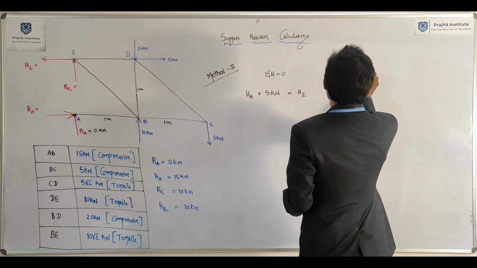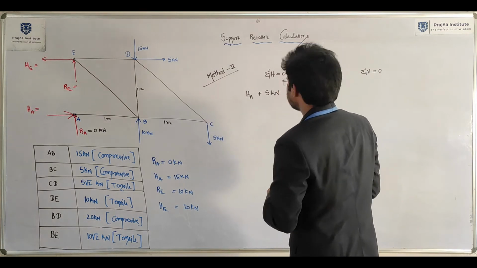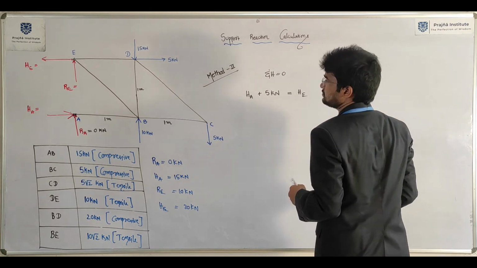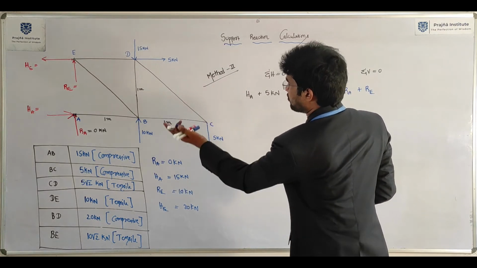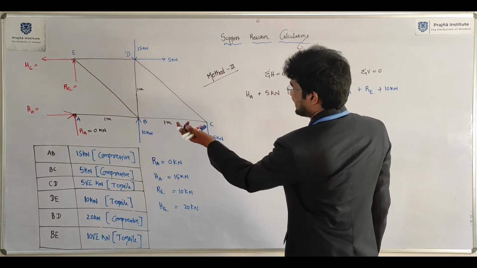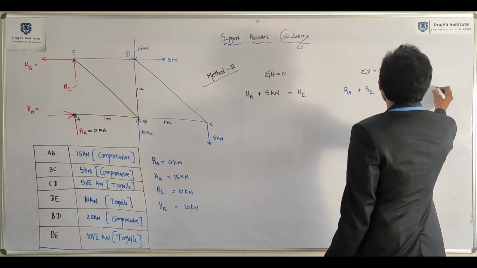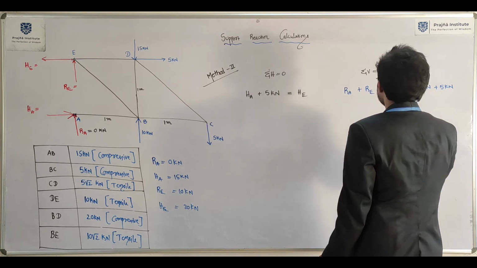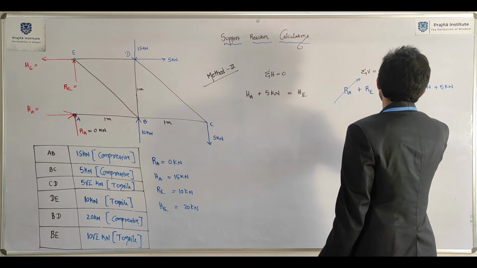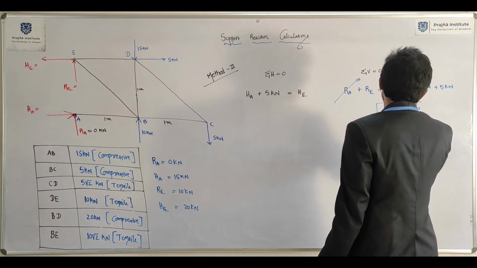Sigma V equal to 0: RA plus RE, the sum of the upward forces, plus 10 kilonewton; upward forces 10 kilonewton equals 15 kilonewton plus 5 kilonewton. Finally, RA equal to 0, RE equals 10 kilonewton, you will get it.